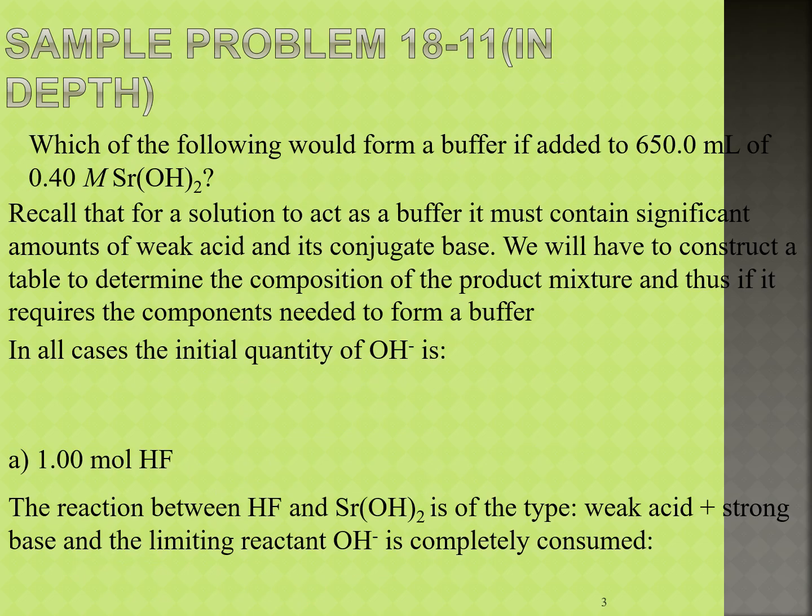All right, let's work a sample problem where we want to know which of the following would form a buffer if we added them to 650 mL of 0.4 molar strontium hydroxide. In order for us to have a buffer, we must have weak acid and its conjugate base in a solution.